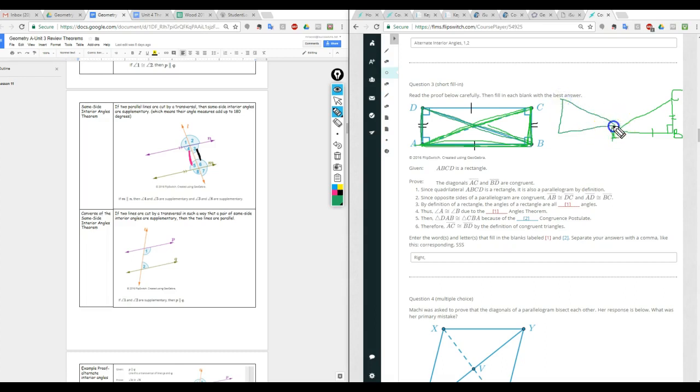I'm just pulling it apart so it's not overlapping. This is B, this is A, and this was the 90-degree angle. This had the 2 tick marks, this had the 1 tick mark.